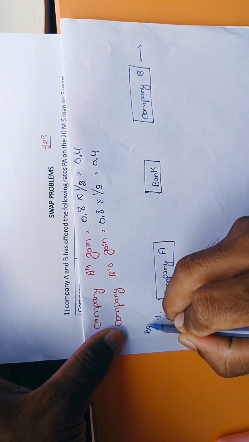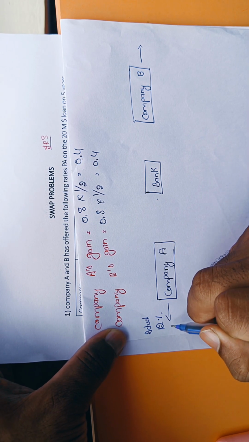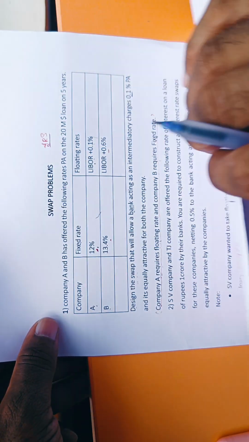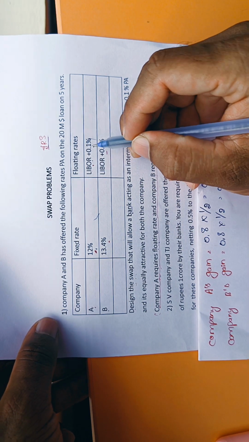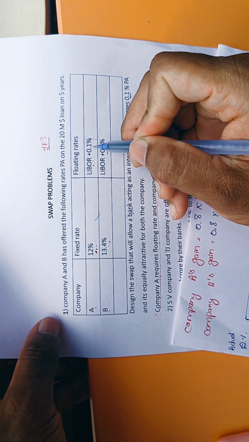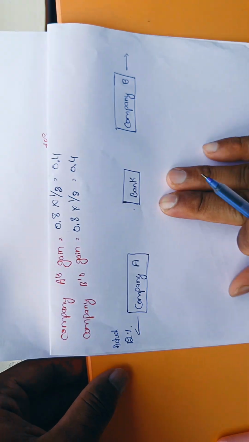Actual, this is actual. But what did company A want? Company A wanted floating. But actually it's giving 12%. Company A wanted floating. It wants to exchange floating rate with the bank. What will it do?